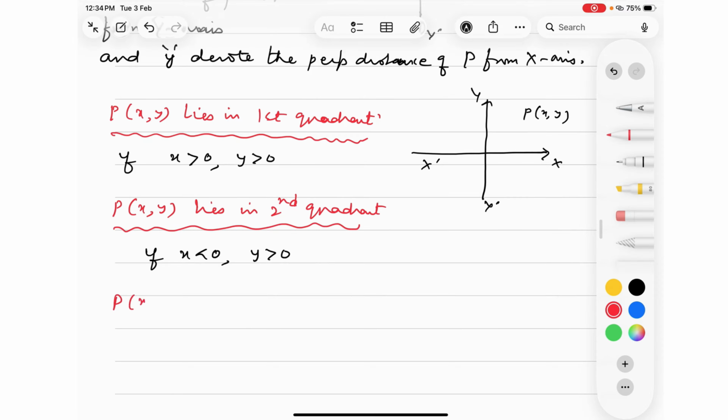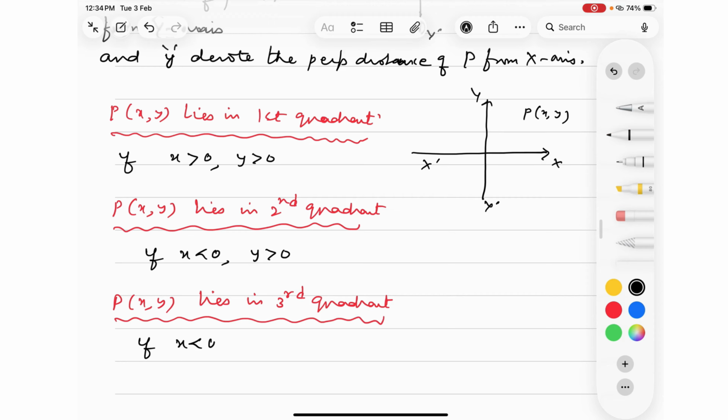If P (x, y) lies in the third quadrant, how do we know? Remember, x should be negative, and y also should be negative.